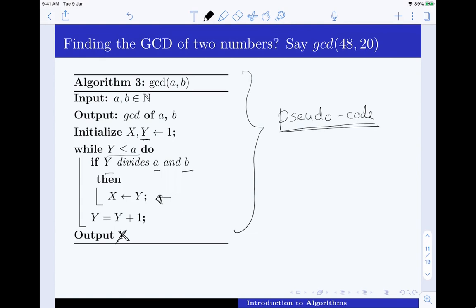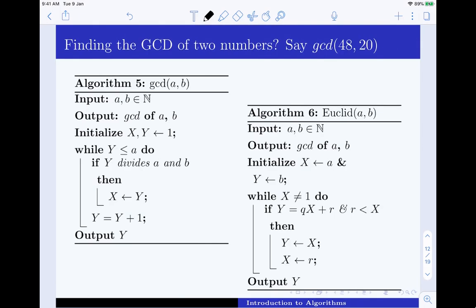At the end of the day, when y reaches a, what is stored in x? The largest number that divides both a and b is stored in x, right? So all we need to do is output x. So this is the pseudocode for the algorithm for simple GCD.